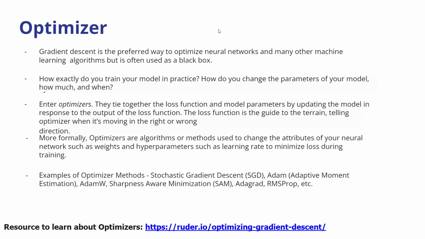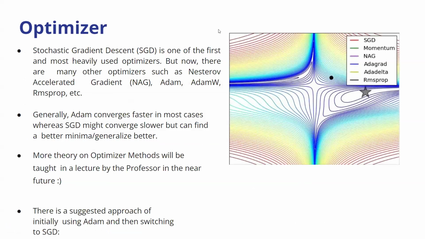Again, just think of this as the descent algorithm, right? So SGD was one of the first ones and was heavily used. But as you'll see in the lecture on optimizers, SGD has some shortcomings, right? It's not keeping track of which way it's descending.